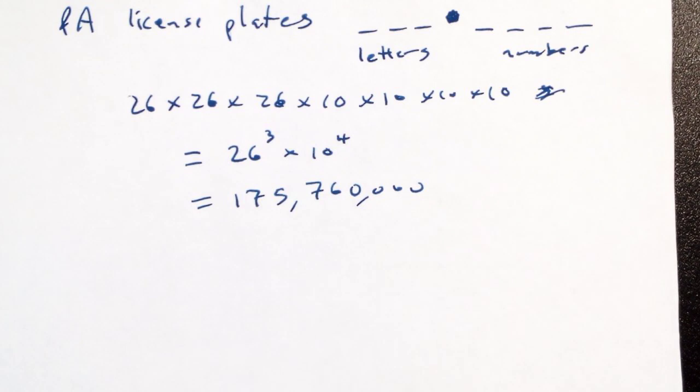By the way, this is not actually true. You are not actually going to use all 175 million license plates, because the state of Pennsylvania keeps a list of license plates they're not allowed to make. They skip some combinations of letters so that they don't write out actual words.